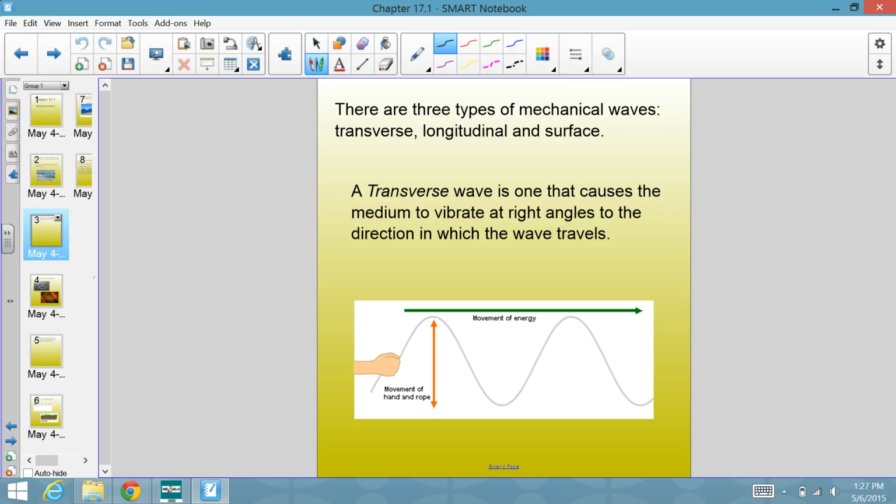And you can see that if I take one spot on this rope and focus on that one spot, you would see that spot move down and move up as the hand shakes the rope. But the energy coming from the hand and moving through the rope moves in this direction. So you can see that these two lines are perpendicular, or at 90 degrees to each other. This is a transverse wave.